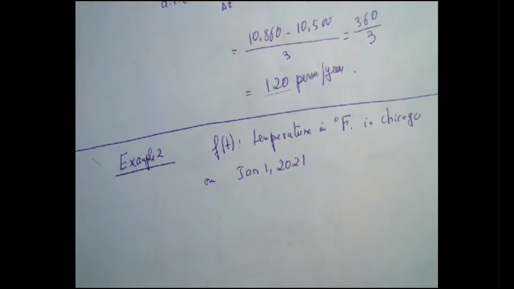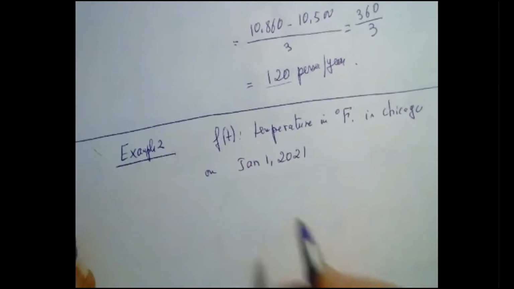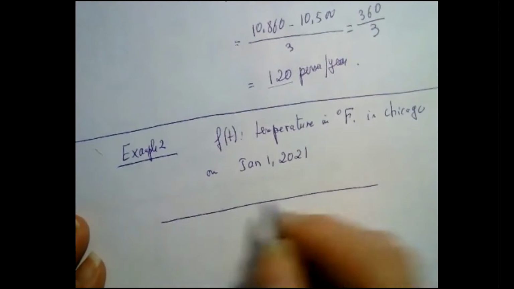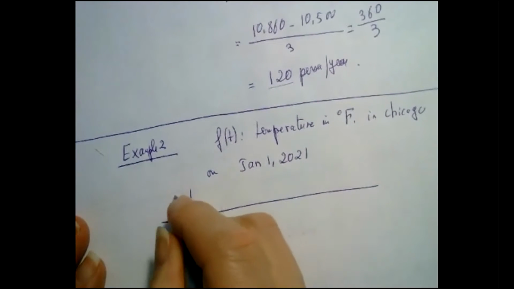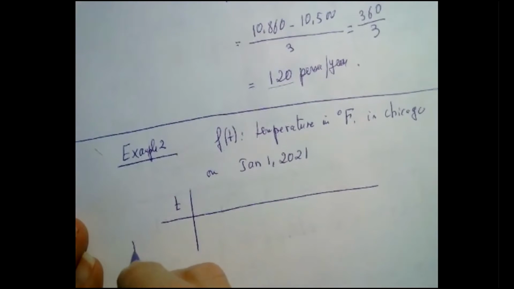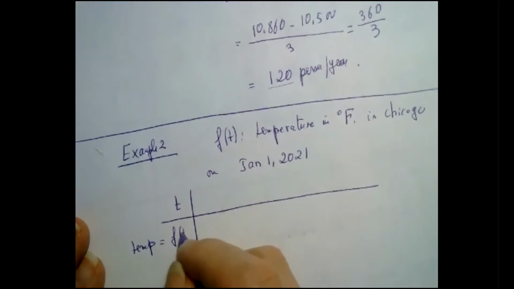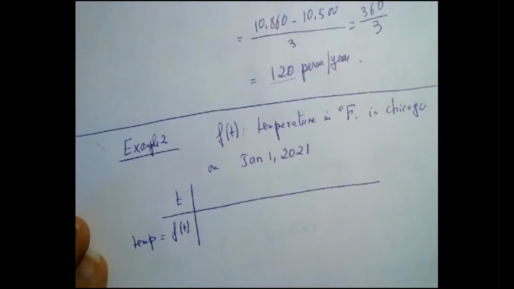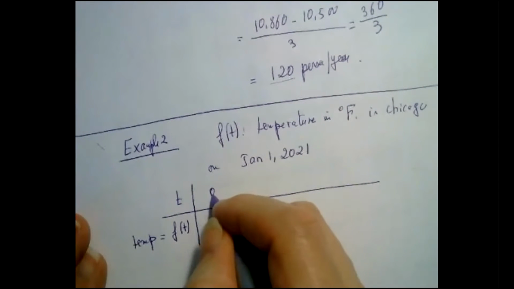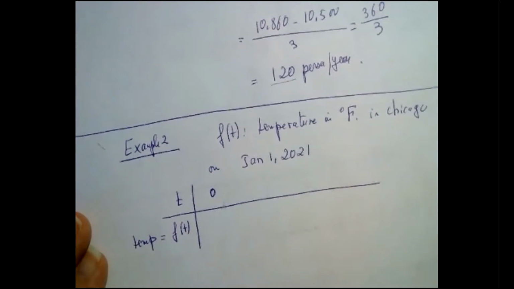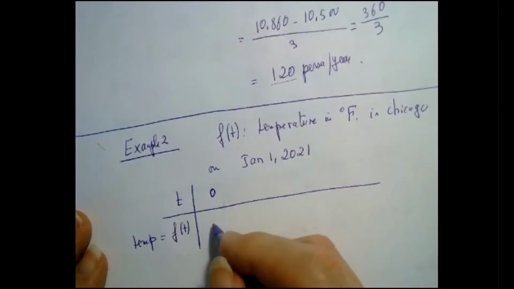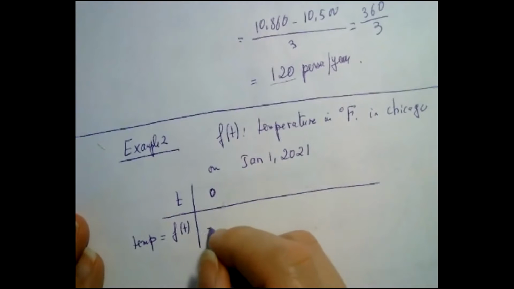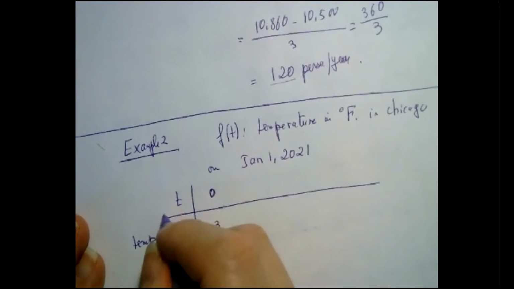So throughout the day, the temperature changes. Suppose I give you a bunch of numbers. That's time, and the temperature, this is f of t. I tell you at t equal to 0, which means 12 a.m. in the morning, the temperature was -3. So t in hours.